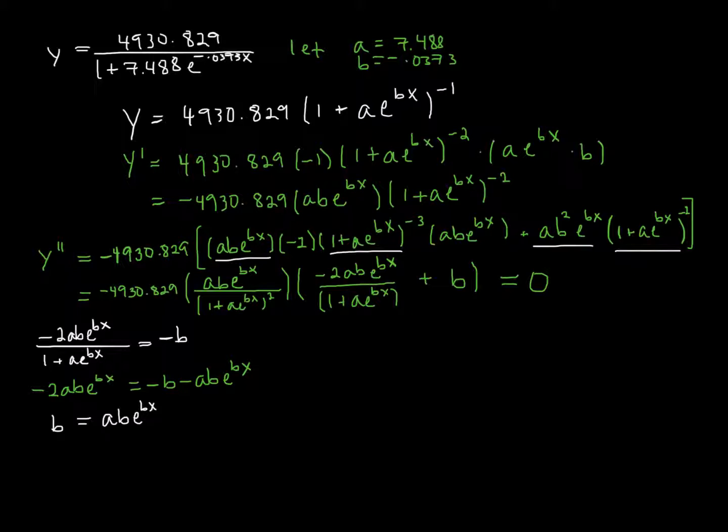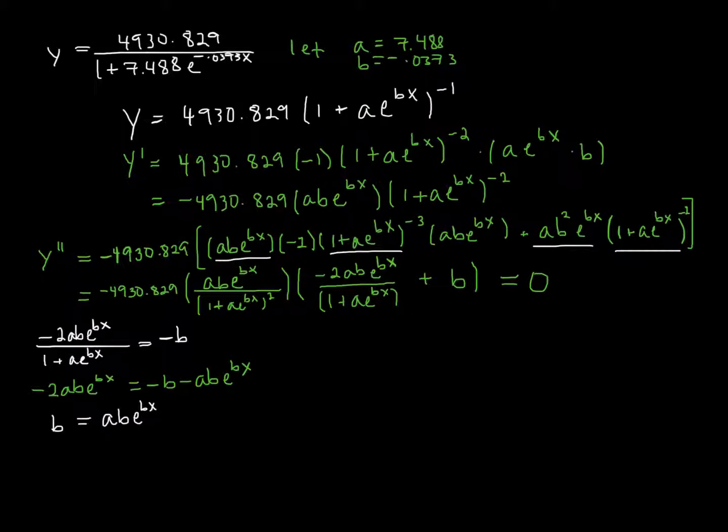Alright, so at this point I'm in really good shape. I have an ab e to the bx, which came from adding 2 to a negative 1, and then I added b to this side. So I now can apply that. I can take the natural log of both sides, and I can do that now, or I could divide by ab on both sides first.